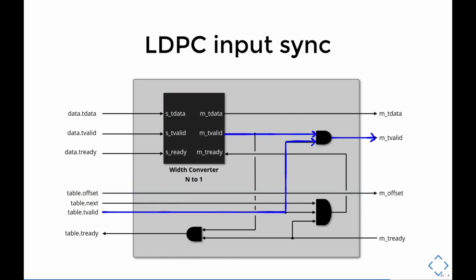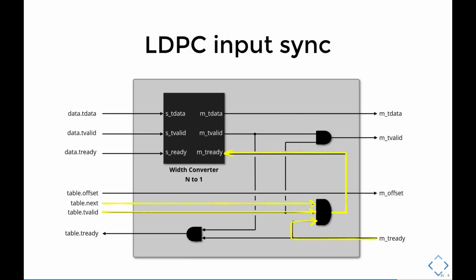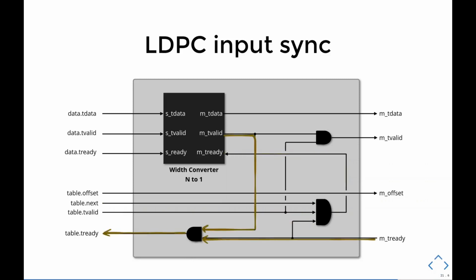Output will be valid when both width converter and table have data. The system is ready to consume data from the width converter when the LDPC table indicates next, and the reader is ready to consume this data as well. We can consume an offset from the LDPC table whenever there's a valid data bit and the reader is ready to consume this data bit as well.